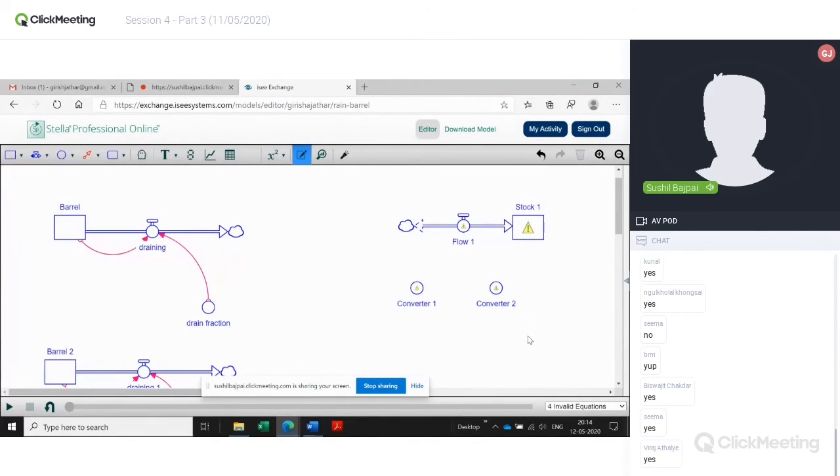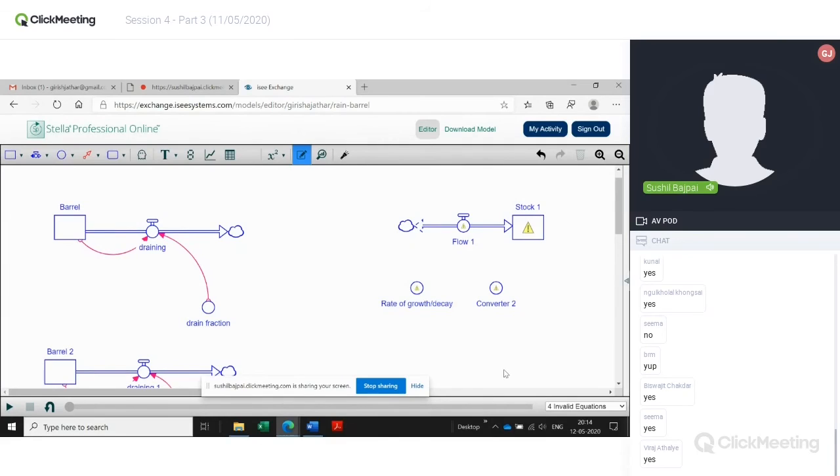And now converter one, we call it rate of growth or decay. The converter one is rate of growth or decay.